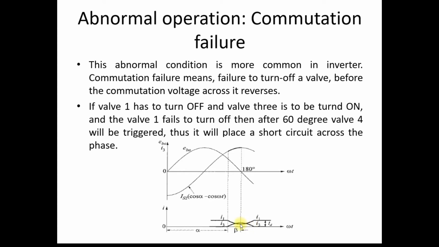And here the valve number 1 current is increasing. Clear? In normal condition, the current flowing from valve 1 continuously decreases, and at the end of the commutation, the current I1 becomes 0. But here it does not happen. Why? Because the commutating voltage becomes negative. Clear? Because of that, valve 1 is still continuously conducting.